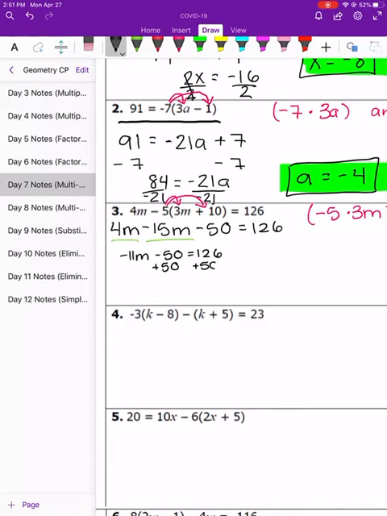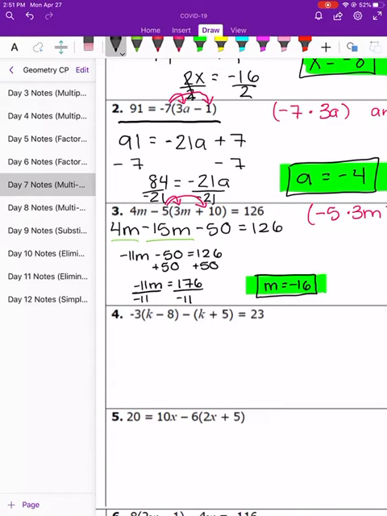So I'm going to add 50 to both sides. So negative 11m equals 176. Divide by negative 11. And m is going to equal negative 16.